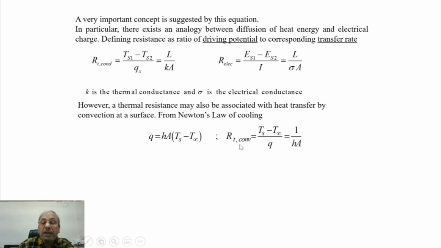Here the convection resistance is given by (Ts minus T infinity) divided by q. Same concept: the driving potential divided by the transfer rate. So the resistance is 1 by hA.